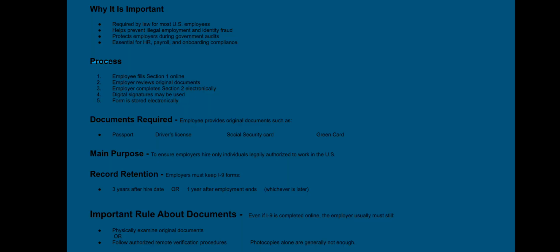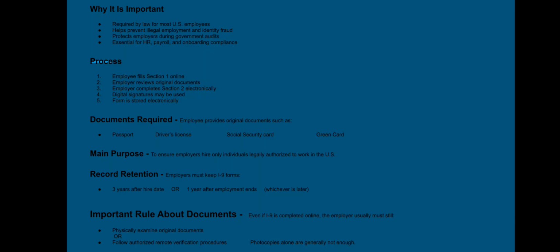So the employee fills section 1 online, the employer reviews original documents, the employer completes section 2 electronically, a digital signature may be used, and the form is stored electronically. This is a mandatory form that needs to be filled by the employee and submitted to the employer before joining the job.